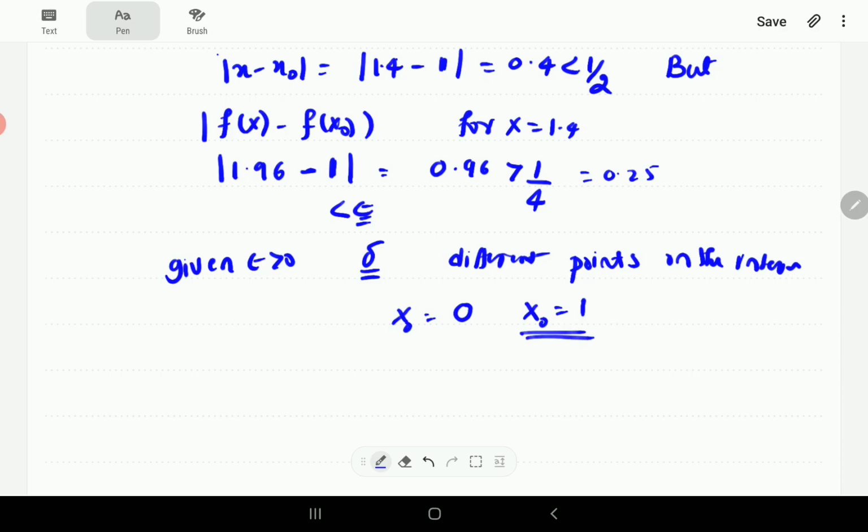So what we are trying to understand is, the same delta did not work for the different points which were taken on the interval.